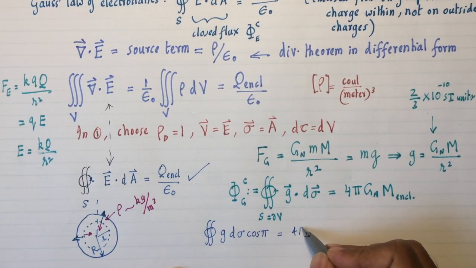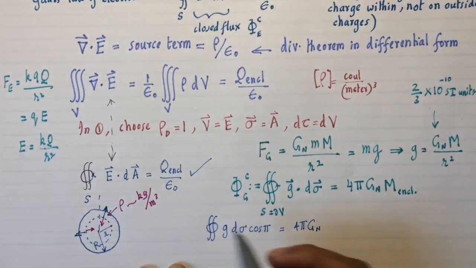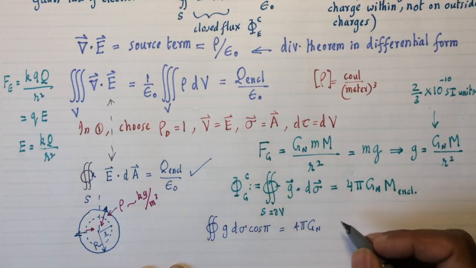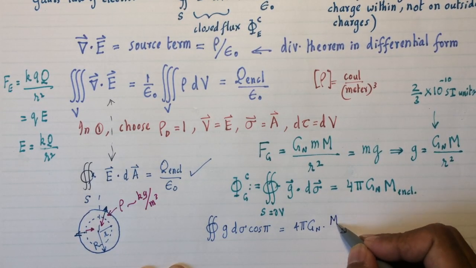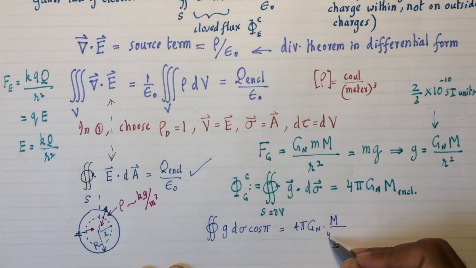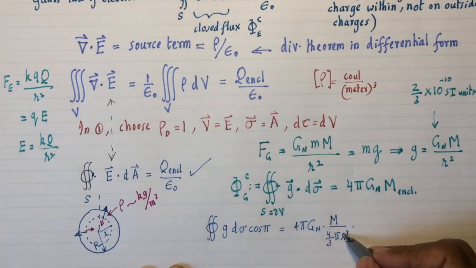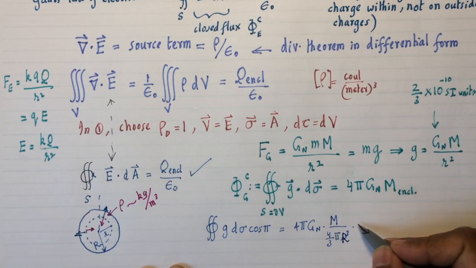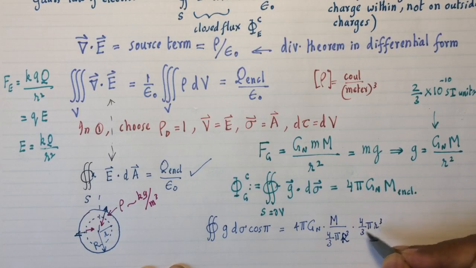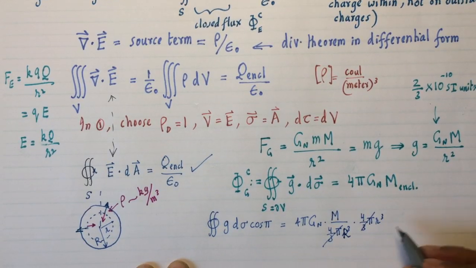And that's 4 pi times G_N, the mass enclosed. Now, if it's a uniform density, the density can be given by the total mass of the planet divided by the volume, which is 4/3 pi capital R cubed. And then the volume that you have is 4/3 pi little r cubed. So the 4/3 pi's cancel out.